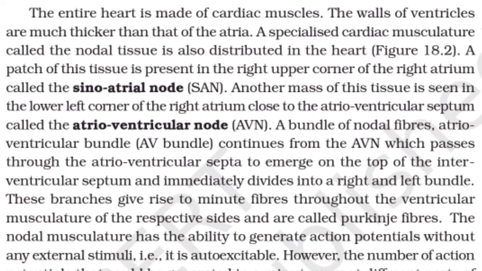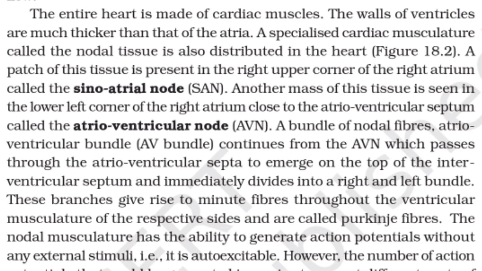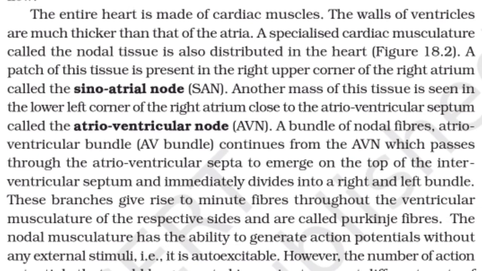A bundle of nodal fibers, the atrioventricular bundle (AV bundle), is continuous from the AVN and passes through the atrioventricular septa to emerge on the top of the interventricular septum and immediately divides into a right and a left bundle. These branches give rise to minute fibers throughout the ventricular musculature of the respective sides and are called Purkinje fibers.